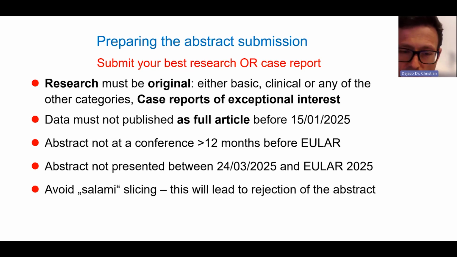Then you report on patient-reported outcomes, you produce a third abstract, and then you may have a long-term extension phase, and you produce a fourth abstract. That is absolutely fine, because you cannot pack so many different aspects of one study in a single abstract.